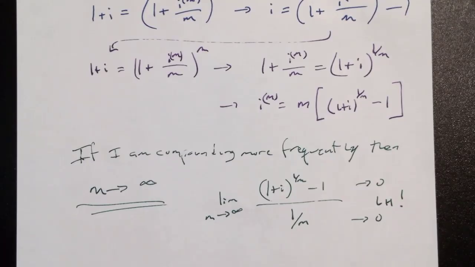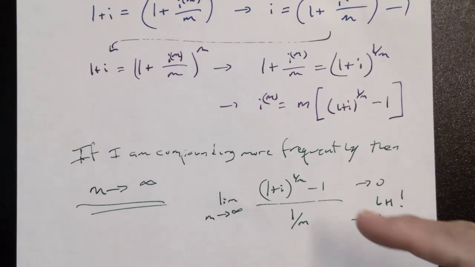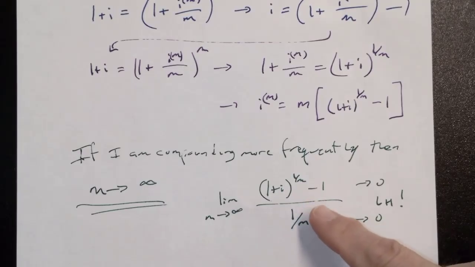Which means I can use L'Hopital's rule. With a bit of remembering how to do derivatives from calculus, how do I take the derivative of 1 plus I to the 1 over m? This part right here is what I need to take the derivative of.